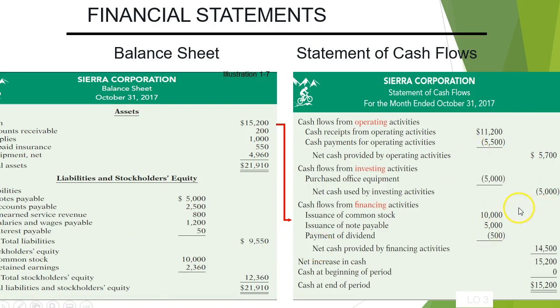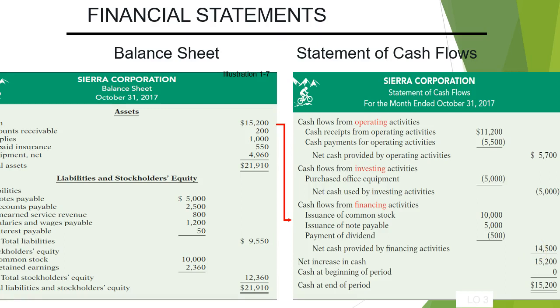So we have the increase from issuing common stock, the increase from issuing a notes payable, and then we have the decrease from paying out dividends. So from our financing activities overall, we have a net increase in cash in the amount of $14,500.